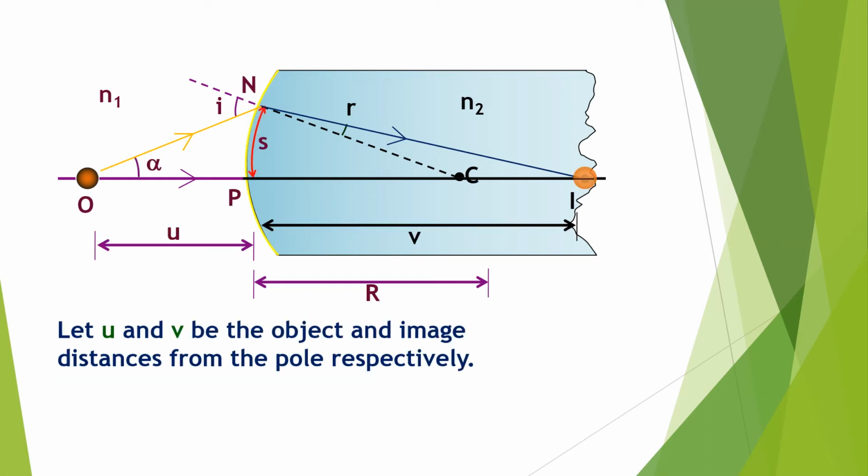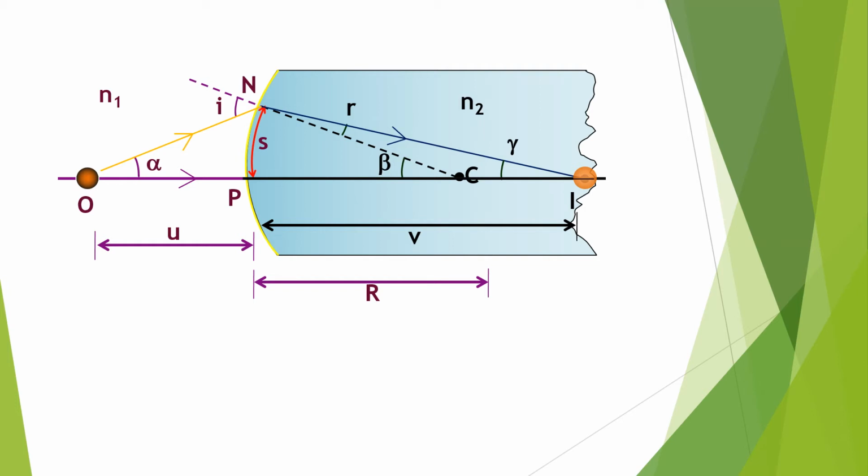Let u be the object distance and v be the image distance from the pole, respectively, for this particular refracting surface, and alpha, beta, gamma are the angles made by the incident ray with the principal axis, the normal with the principal axis, and the refracted ray with the principal axis respectively.